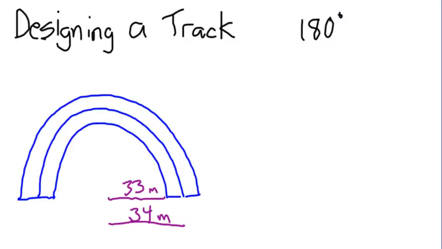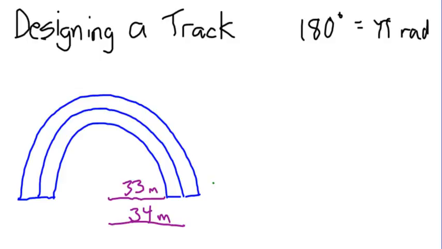But we're going to use radians because radians are easier to work with, especially for those of you who take calculus, where we won't deal with degrees at all. 180 degrees is equivalent to pi radians, so our central angle is pi. A semicircle is pi radians.